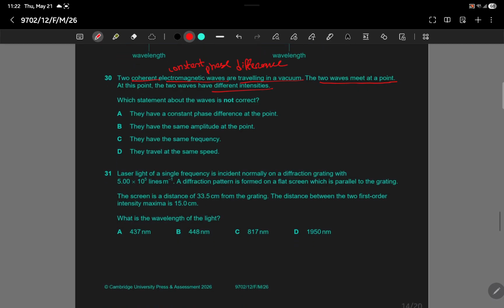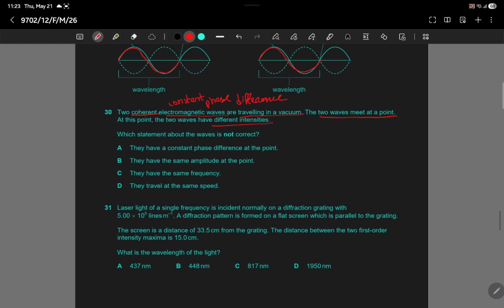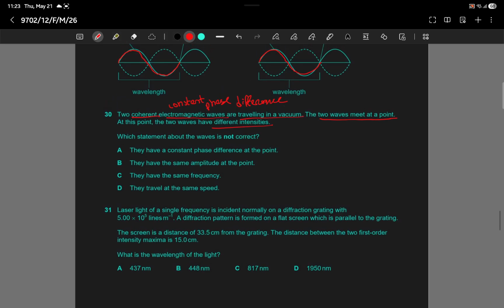Which statement about the waves is not correct? If they have different intensities, that means they have different amplitudes. And if they have different amplitudes, it cannot be destructive interference, because destructive interference means that the amplitudes will be the same.